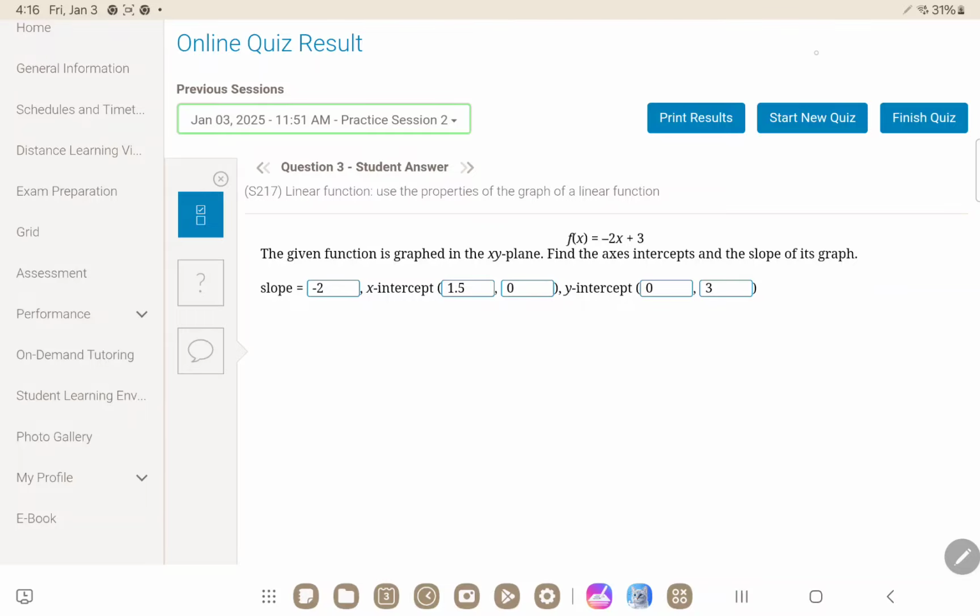Okay, so here they're telling us to analyze a linear function. The given function is graphed in the xy plane. Find the axis intercepts and the slope of the graph. So we know that f(x), or y equals mx plus b. m is always the slope. b is the y-intercept.